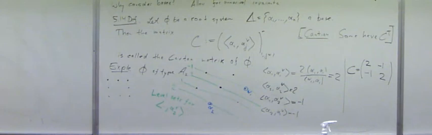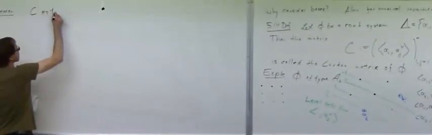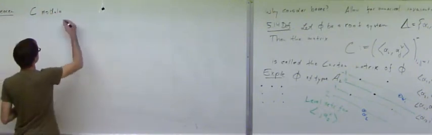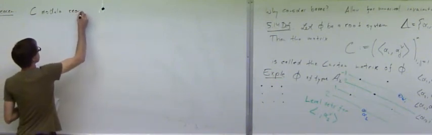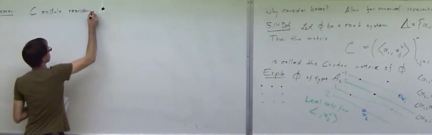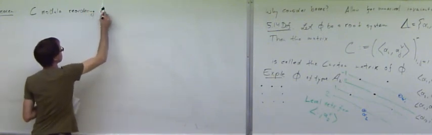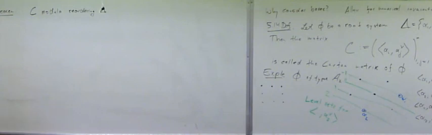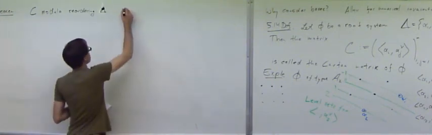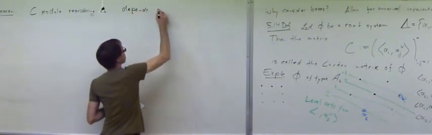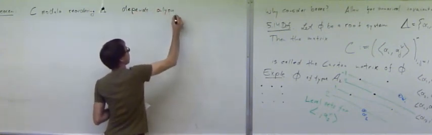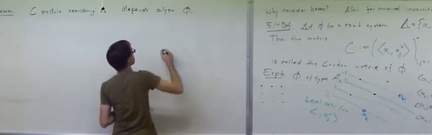So of course I cannot get rid of this, but if I consider my Cartesian matrix just up to reordering, the base, then this depends only on phi, the root system.